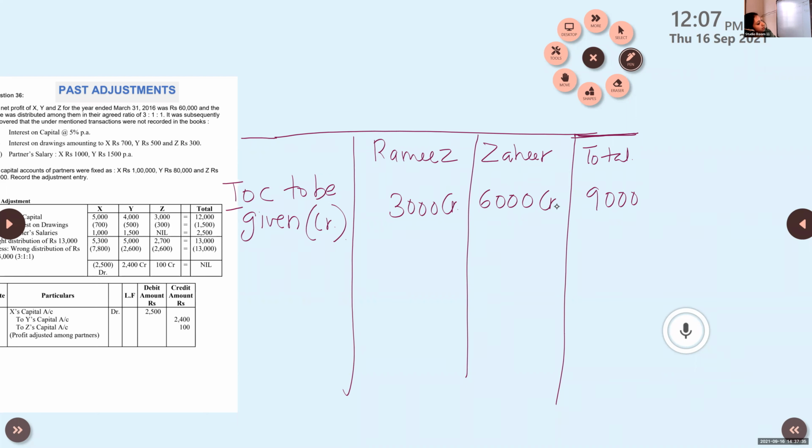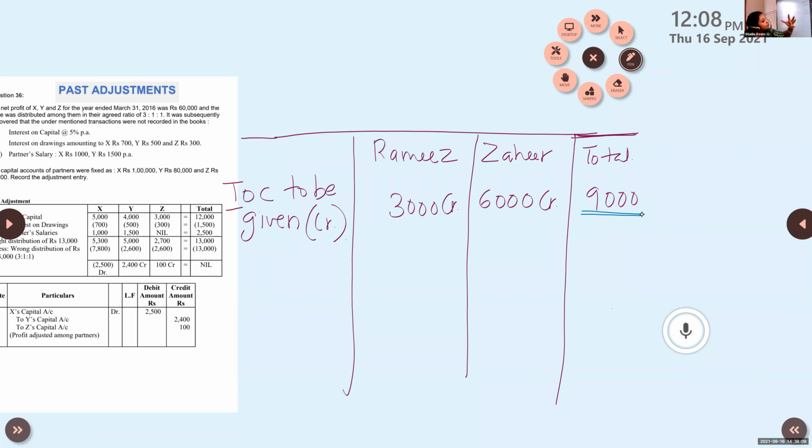And what is the next implication? This is missed out, so it is already there in the profit. So from the profit, you should take it back. The same 9,000 is there in the profit, because it was not given. That's why it got added up to the profit.